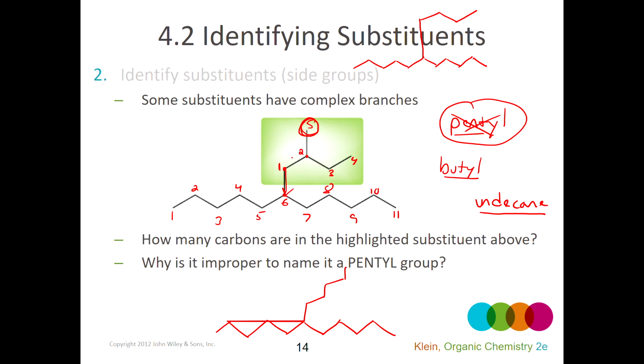So I can't just number this any way I want. Whatever carbon's connected to the parent chain, that's got to be carbon 1, and then I number through the rest of that longest chain I can find there. So that means this methyl group is on carbon 2. And so if that methyl group is there on carbon 2 of the side group, I've got to call that a 2-methyl.